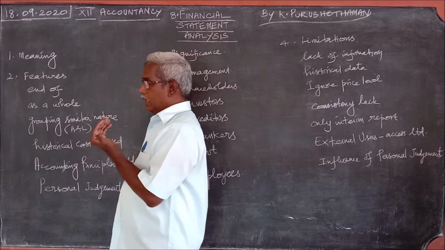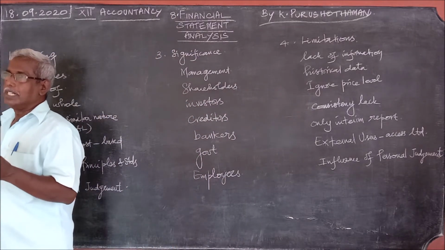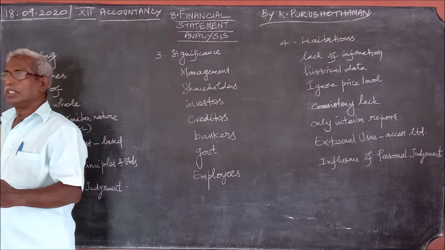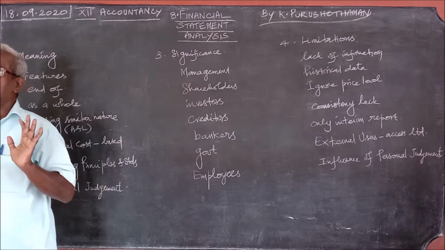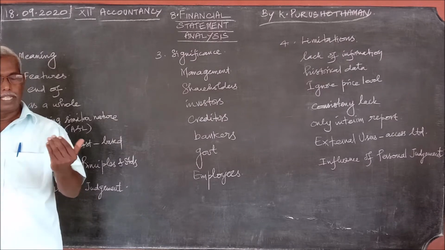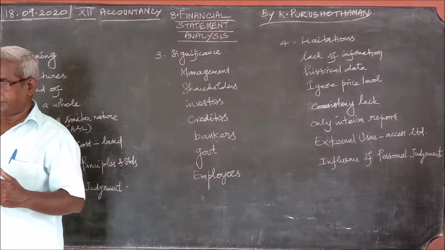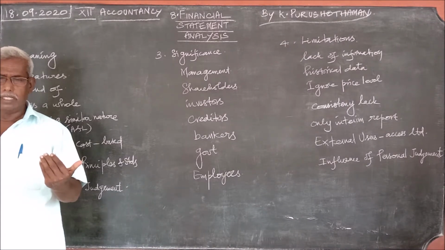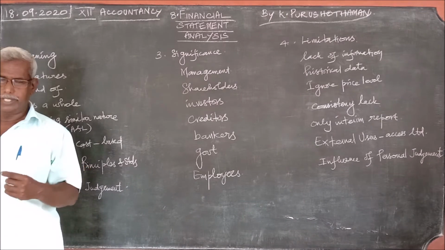So, what is a financial statement? The financial statement of a concern is talking about the plus and minuses of the business. What do we mean by plus and minuses of a business? Whether there is a profit or a loss for the business, whether the accounts are maintained properly or not.